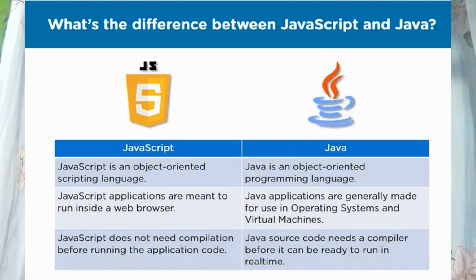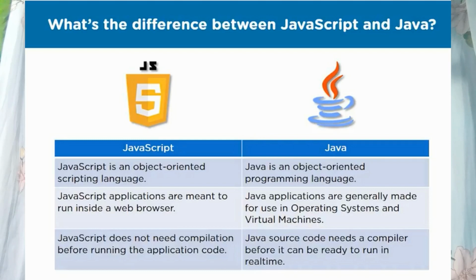Another thing is that JavaScript is an object-oriented scripting language, whereas Java is an object-oriented programming language. Another thing is that JavaScript does not need compilation before running the application code.